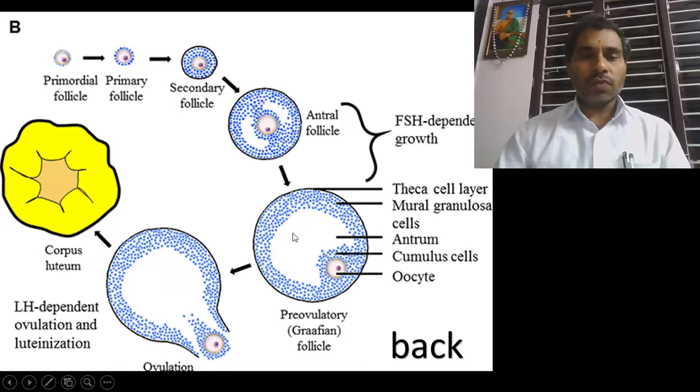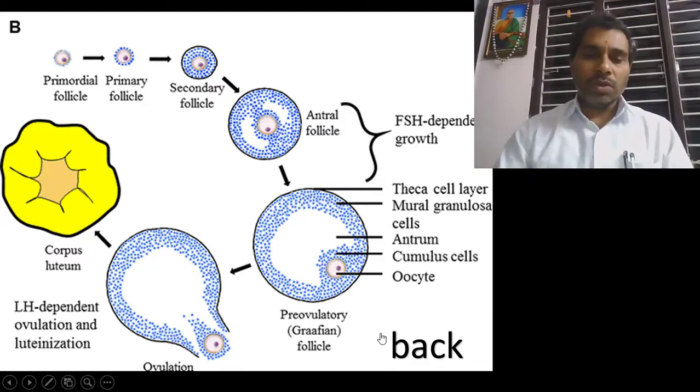The formation of the Graafian follicle from the primordial follicle needs FSH. Without FSH, the Graafian follicle does not mature. So for the maturation or development of the Graafian follicle, FSH hormone is needed. That is the important function of follicle stimulating hormone in female.